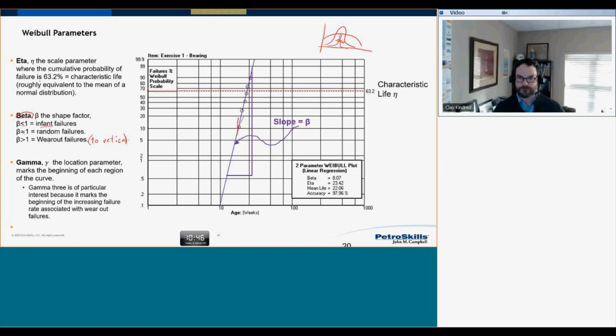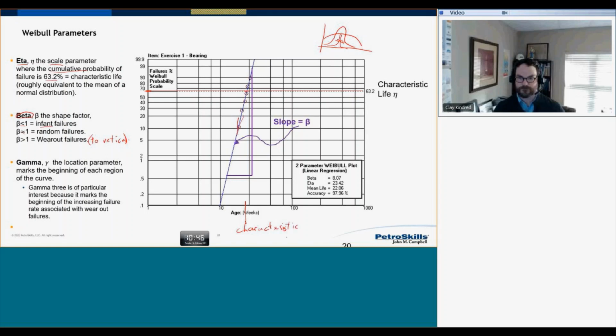Now the other factor that Weibull used was eta, and that is the scale parameter. That is where the cumulative probability of failure is 63.2%. That's because that's the exponential of -1, which is 0.632. So what I can do is, if I plot 0.632 on here, and I come straight down to here, that is my characteristic life.